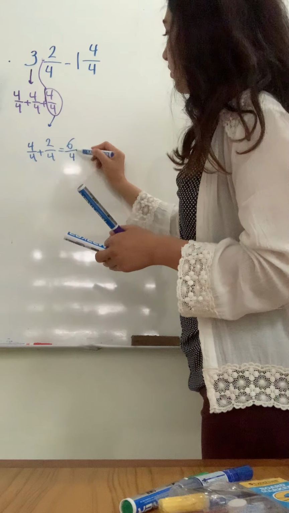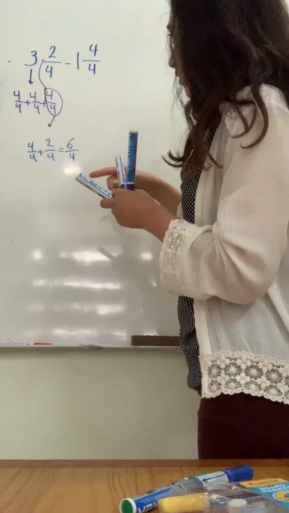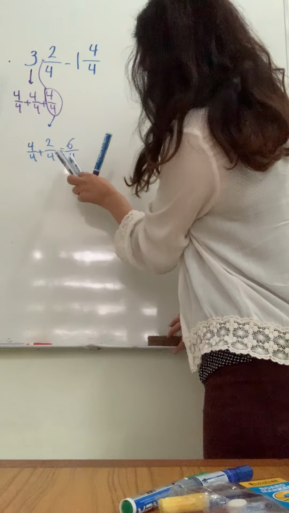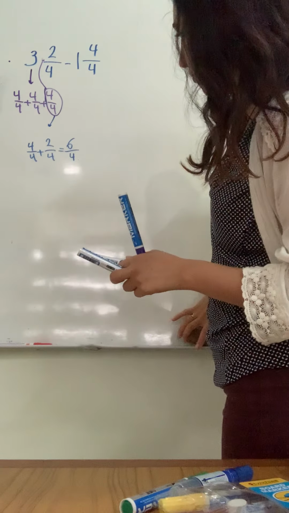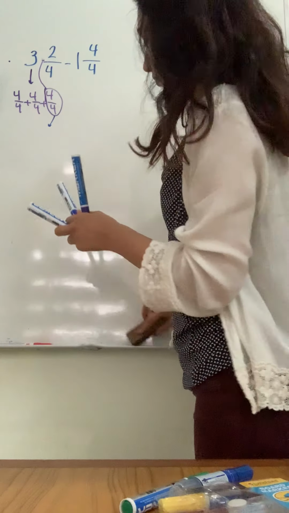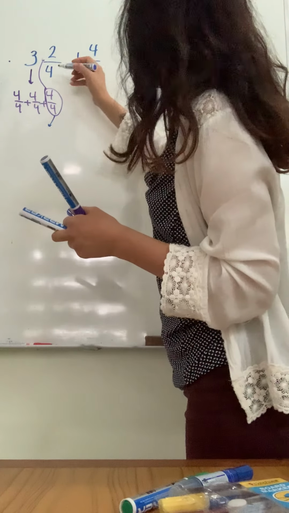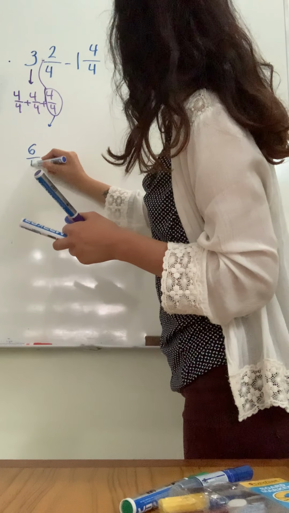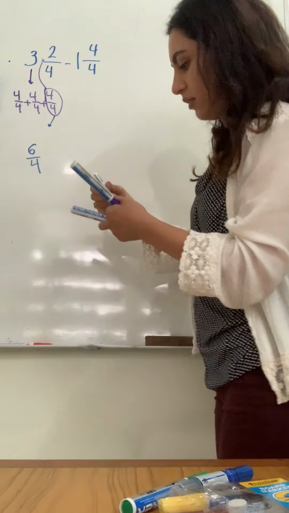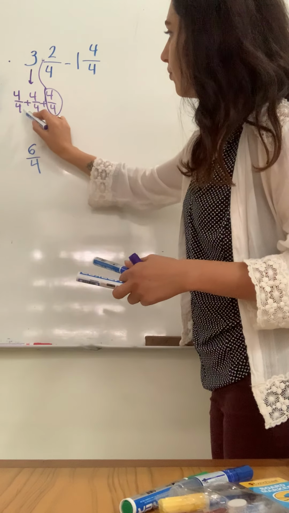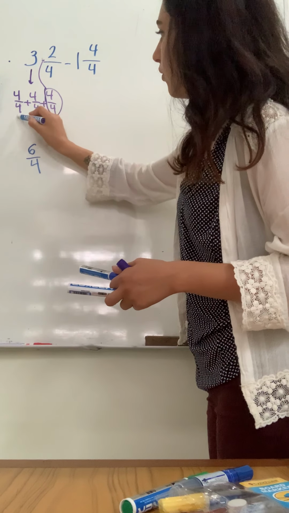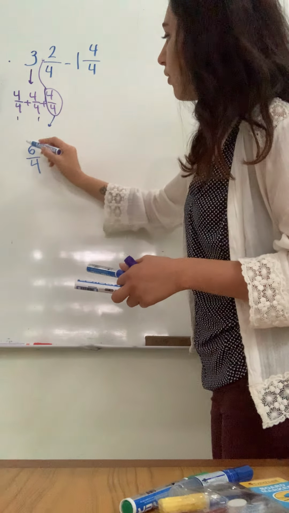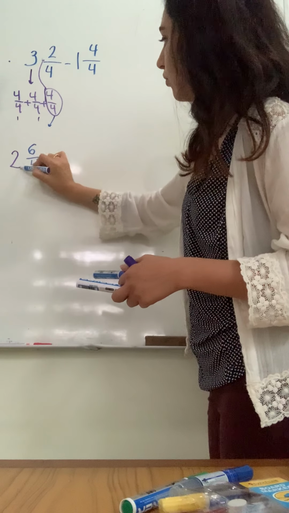It will be 6/4. So the combination of these two will be 6/4. What about these two? This is 1 whole, this is 1 whole. 1 plus 1, 2.